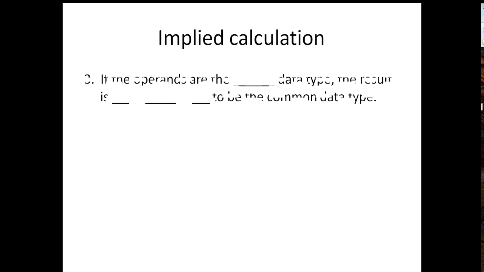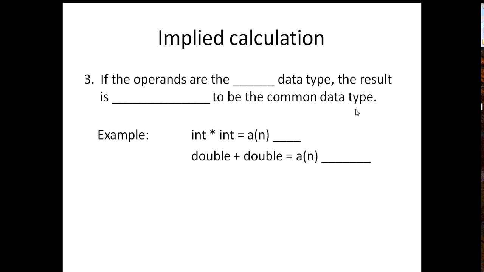Implied calculation. This is a term you're going to want to get used to because we're going to use it quite a bit. You need to understand what this is. If the operands are the same data type, the result is implied to be the common data type. So for example, if you have an int and you multiply it by an int, they're both ints, so the result is going to be an int.